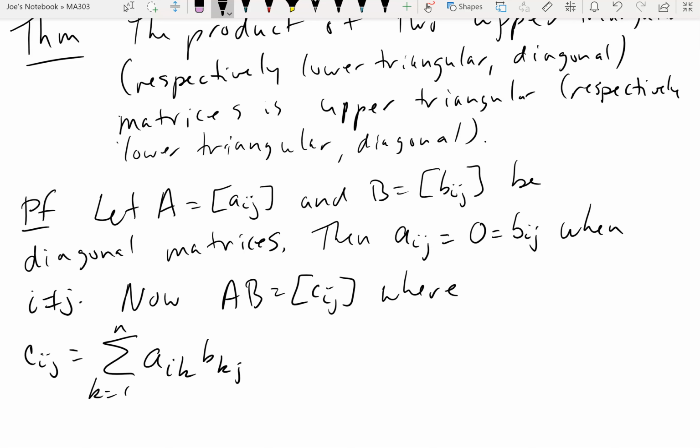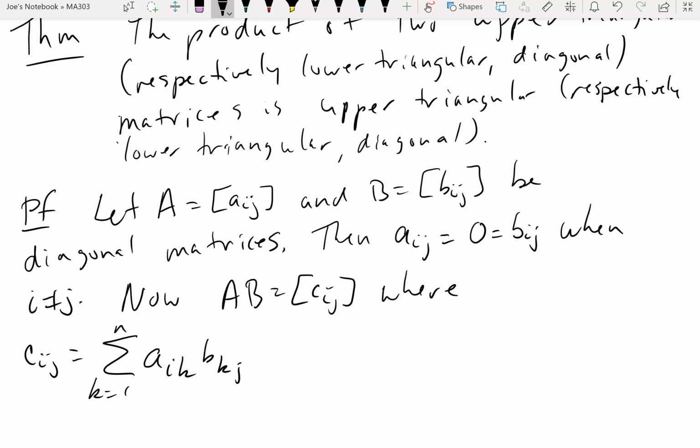So think about it this way. We need to run through the ith row of the first one as we run down the jth column, right? If I'm going to run through the ith row, I can't change the row number. If I'm going to run down the jth column, I can't change the column number. So that's what this needs to look like as far as a general entry.